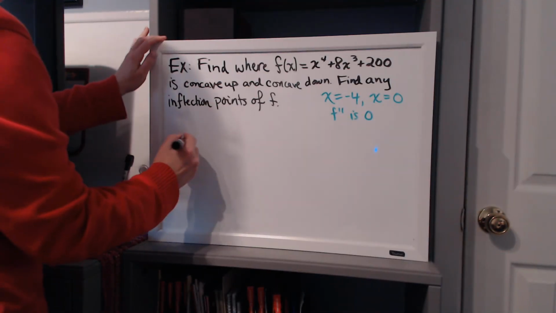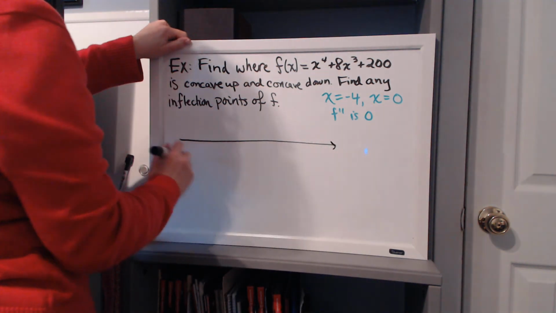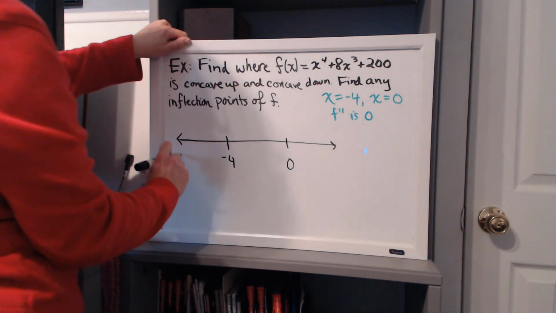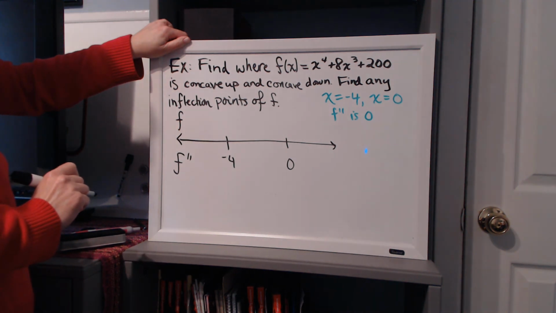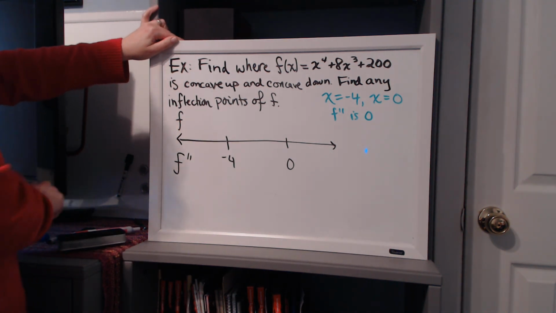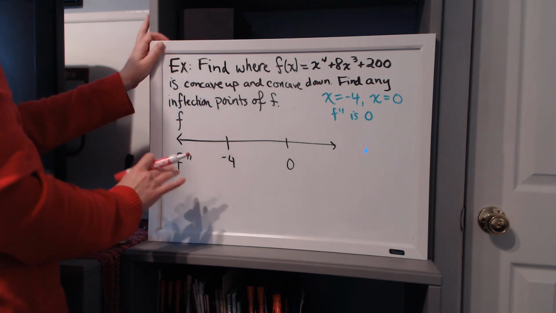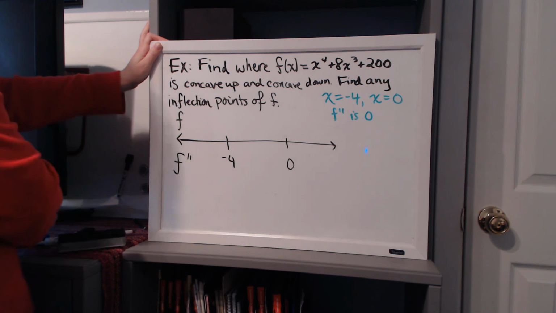Okay, so now we're going to break up the number line using those two values, negative 4 and 0. I'm going to mark with f double prime, the second derivative, below and f, the function, above. And then we're going to just choose values in each of these subintervals. It doesn't matter what value we choose, we just want to choose something that is convenient.